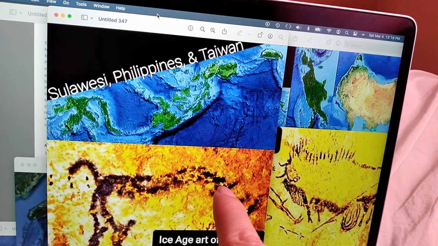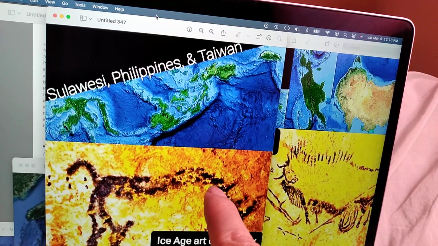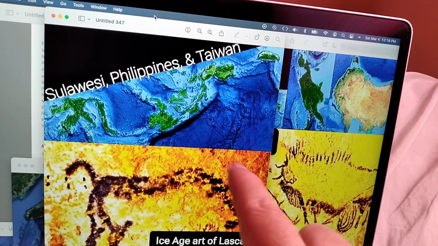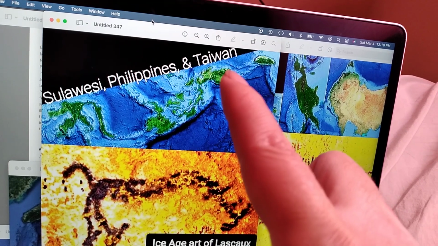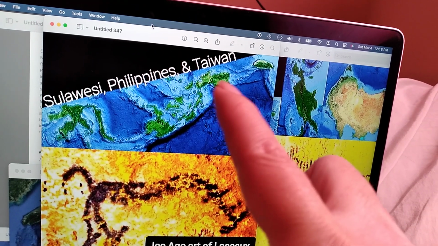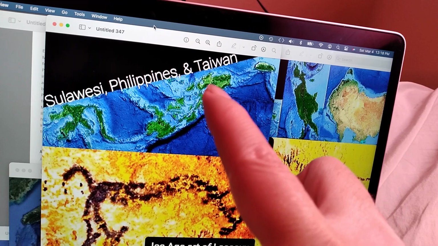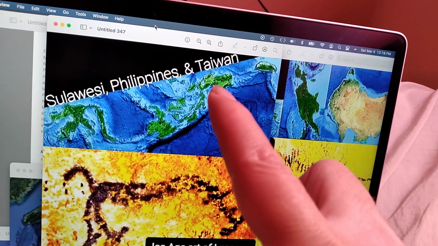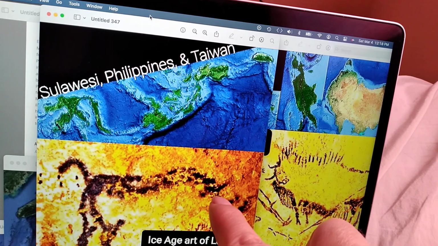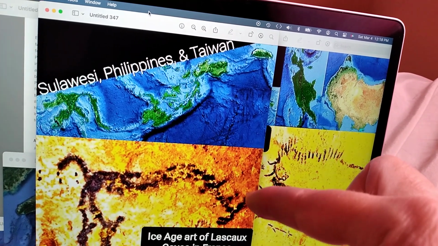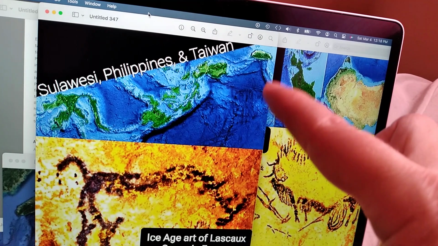And then I'm guessing this here is this part of Northern Philippines, Luzon, or I'm not sure what this is.